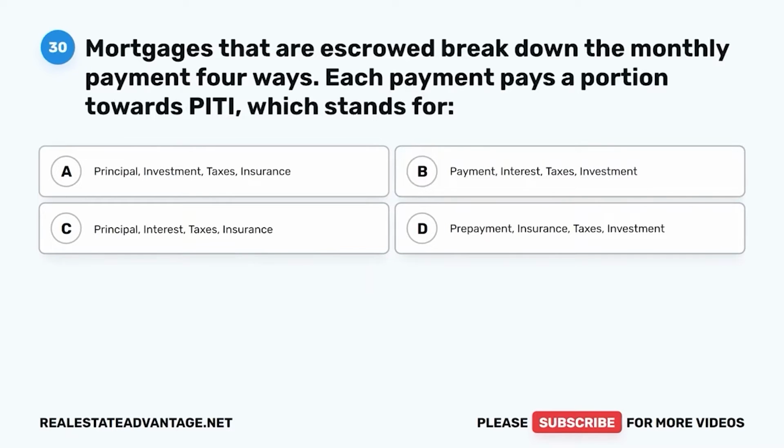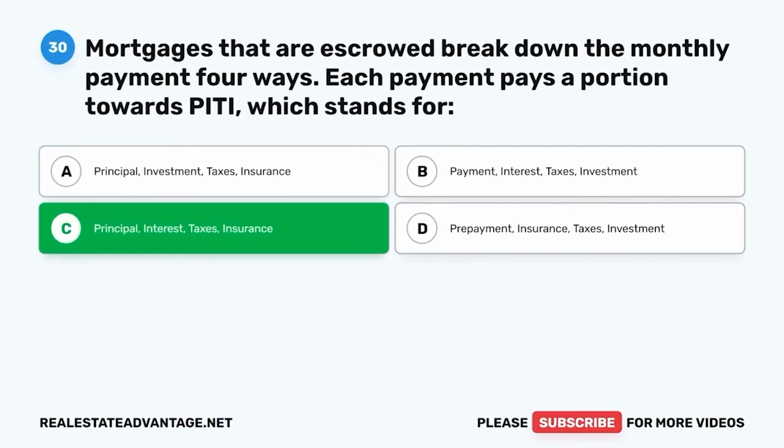Question 30. Mortgages that are escrowed break down the monthly payment 4 ways. Each payment pays a portion towards PITI, which stands for A. Principal, investment, taxes, insurance. B. Payment, interest, taxes, investment. C. Principal, interest, taxes, insurance. D. Prepayment, insurance, taxes, investment.